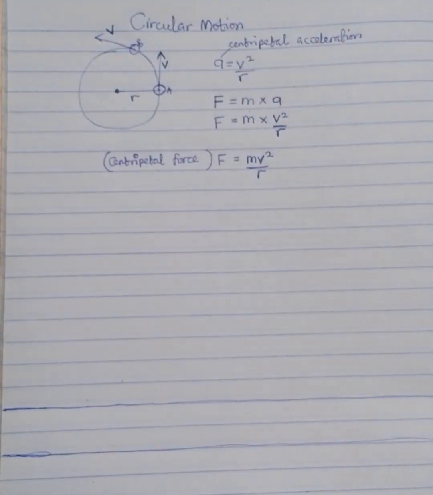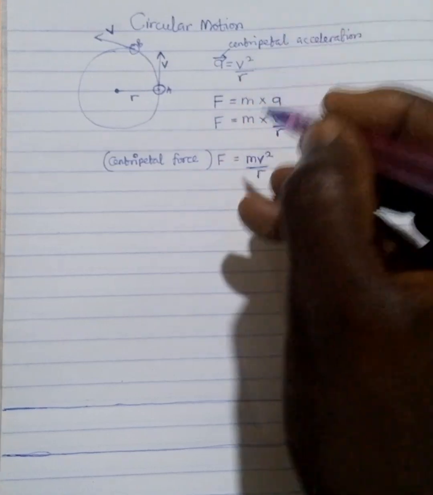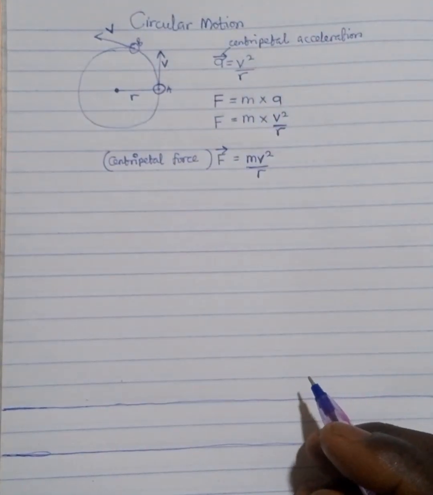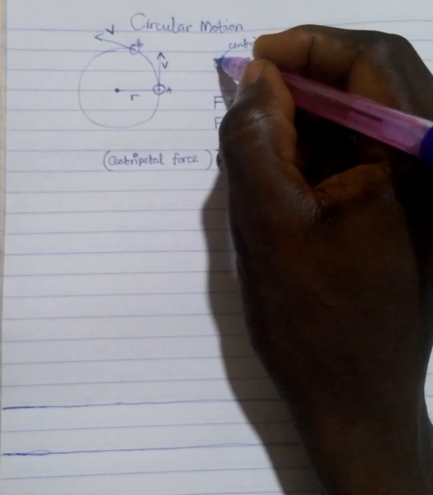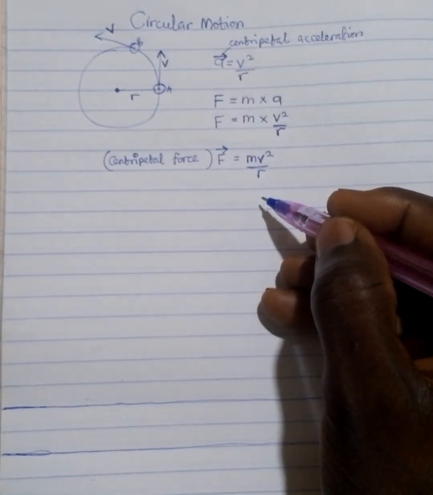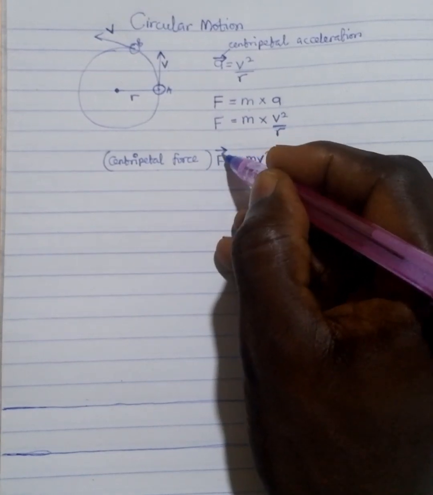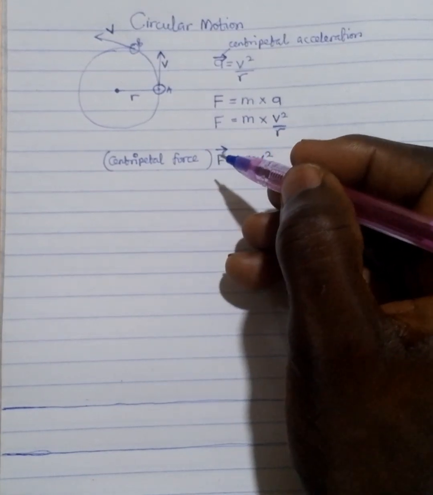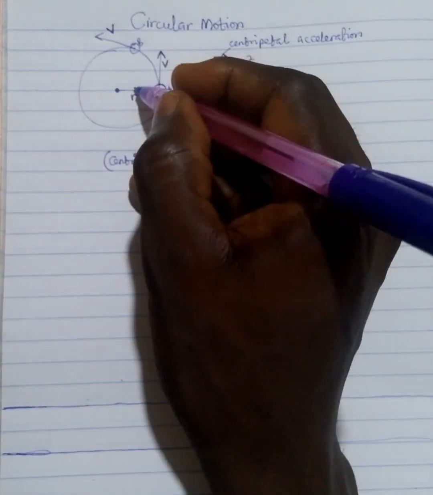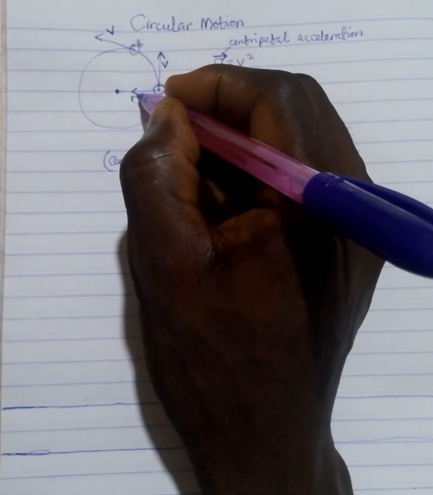And don't forget, the direction of the acceleration will also be the direction of the force. The direction of the centripetal acceleration, looking at our diagram, is towards the center of the circular path.